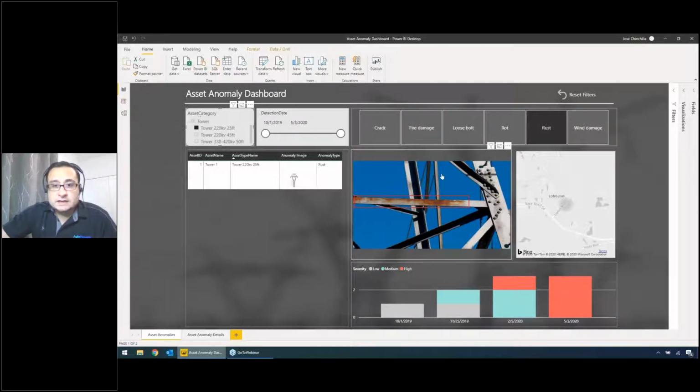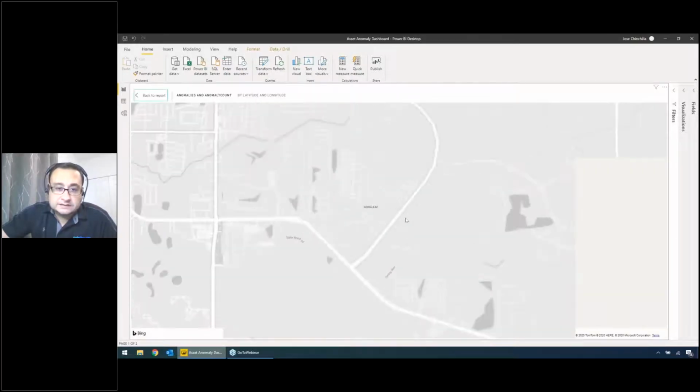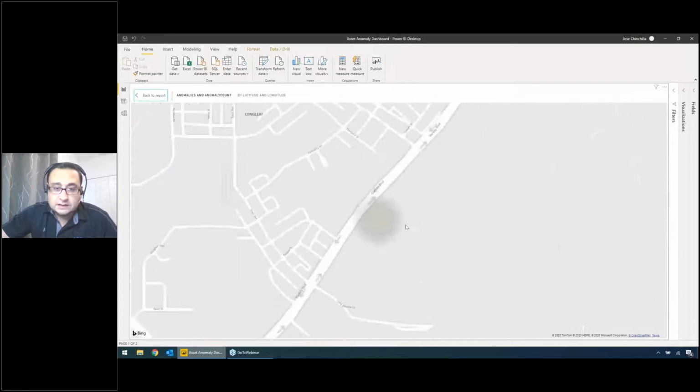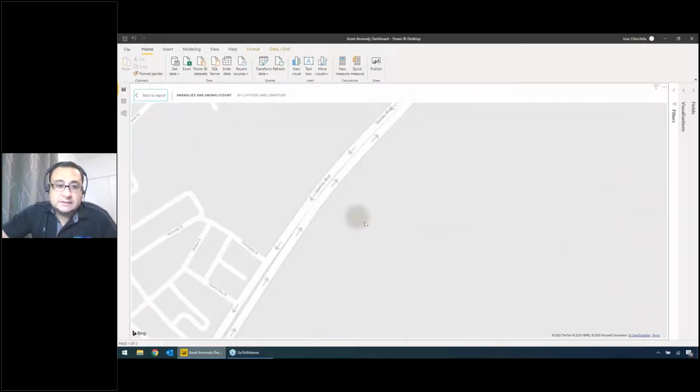And here we are seeing a particular asset, in this case, Tower 1, which is a 220 kilovolt tower that has some rust damage in one of its cross beams. We can see where it is located. We can expand this map, and we can see and zoom in using Bing Maps or Google Maps and be able to see where that asset is located.